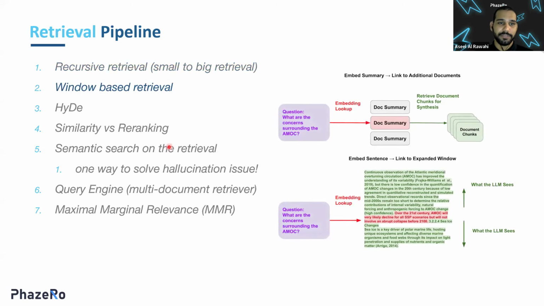Another way of retrieving is window-based retrieval. For example, in this case, we look at a certain sentence in our data store, and then we expand the window. First of all, we're looking at the sentence in red, and then we expand, moving upwards and downwards on every sentence that we have, or we have a chunk that we think is very similar to the user question.